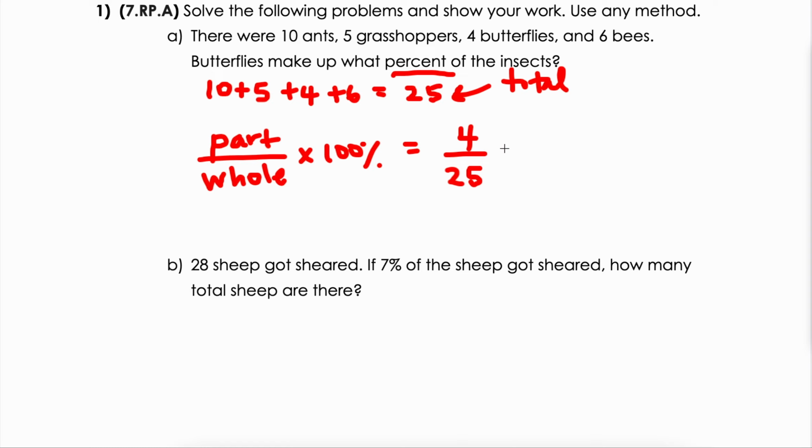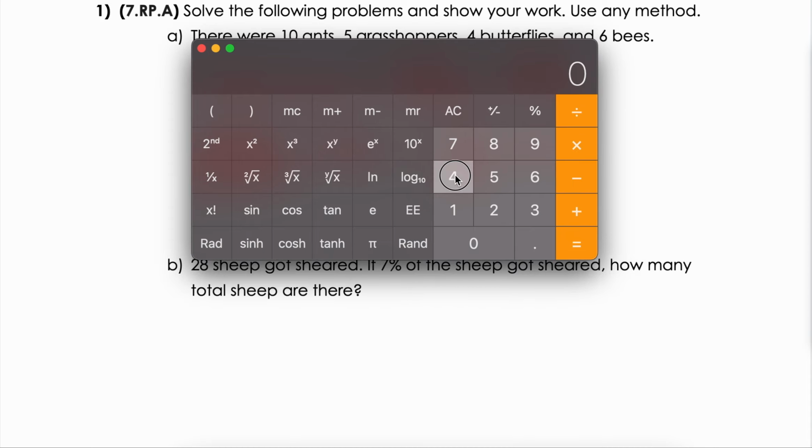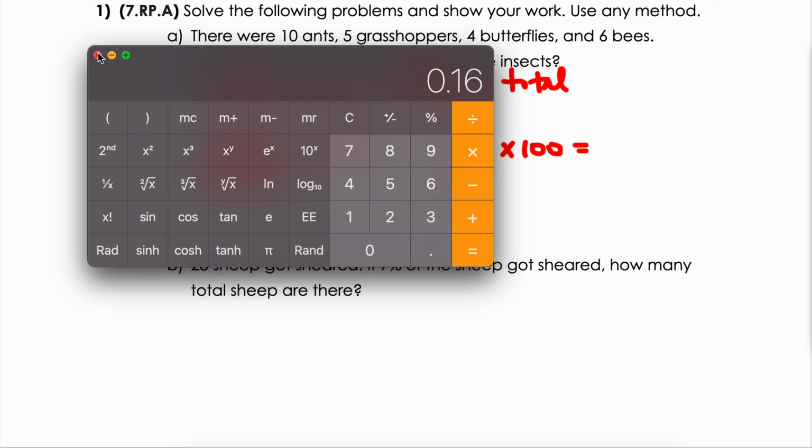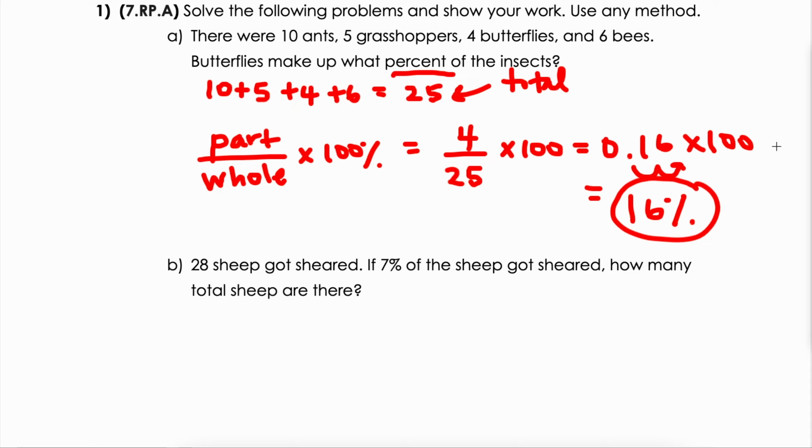Once I get my answer, I'm going to multiply by 100 to get to my percent. 4 divided by 25 in my calculator is 0.16. 0.16 now has to multiply by 100 to get my percent. I can multiply it in my calculator or know that it's really moving the decimal place 2 spaces to the right. So my answer is 16%.